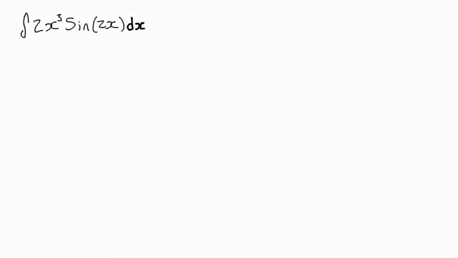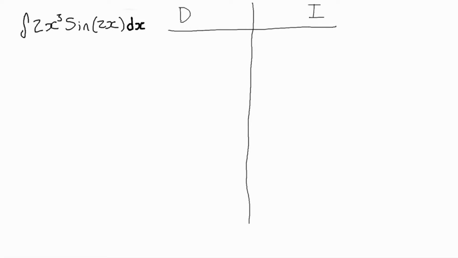So to start this, we'll draw the table with our deriving side and our integrating side. And we need to choose a component of our term to go on the deriving side and the rest to go on the integrating side. Since x cubed is a polynomial, it can be repetitively derived and eventually reach 0.